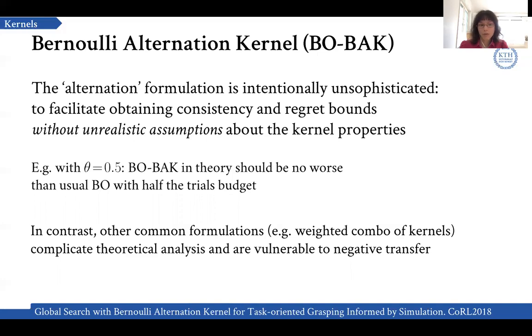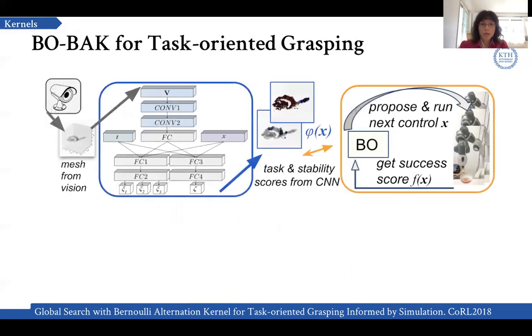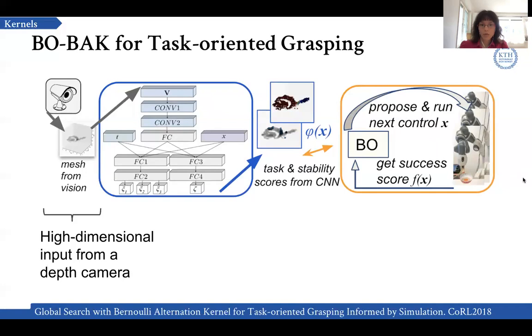In contrast to other common formulations, like taking a weighted combination of kernels, summing them, or doing some other arithmetic on the kernel, they complicate the theoretical analysis quite a bit, and we've shown they are also vulnerable to negative transfer. So here is an example of how this would work with BO on the real robot.